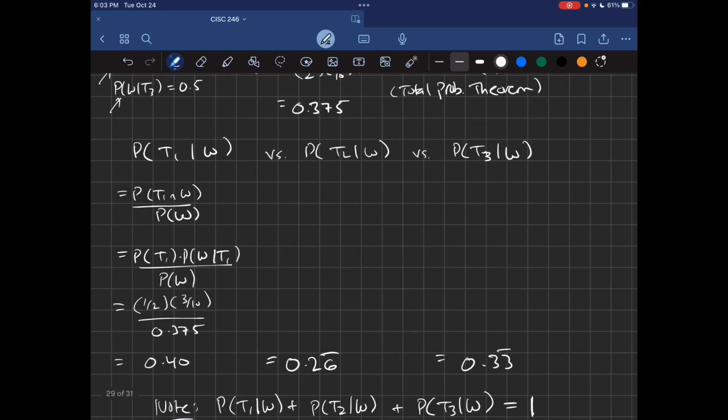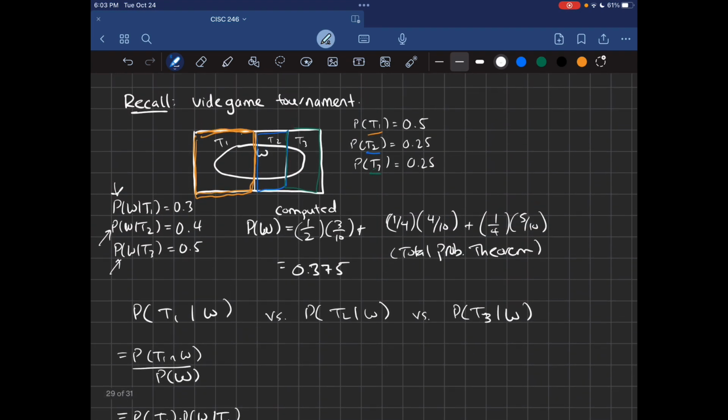That's just taking this drawing here: if W is our whole universe now, then the probability on W should be 1.